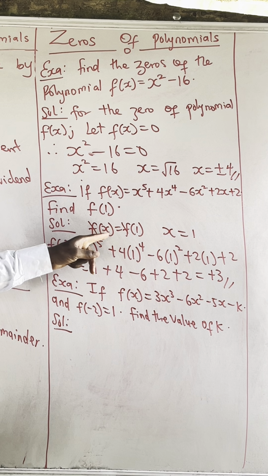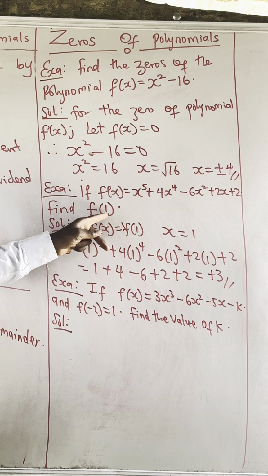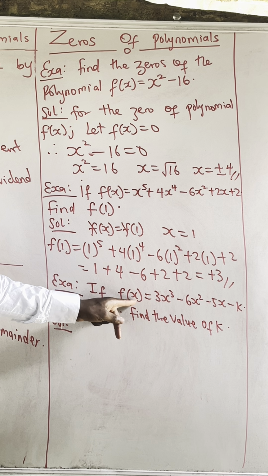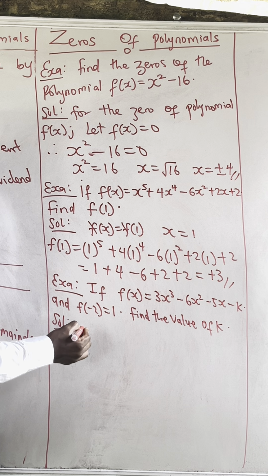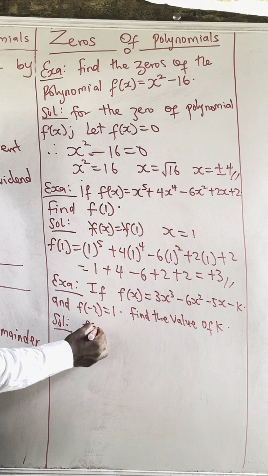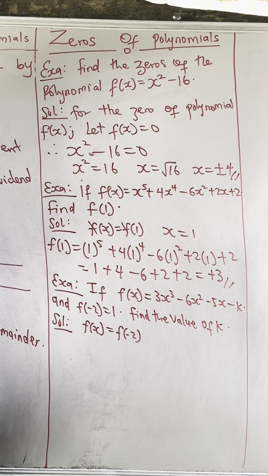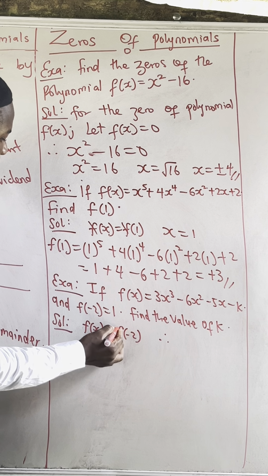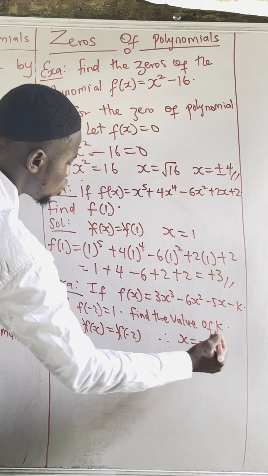According to how we did this, whenever we have f of x equals f of 1, the x will be equal to 1. So since f of x is this and f of minus 2 is equal to this, our f of x will also equal f of minus 2. So therefore, f cancels f, then x equals minus 2.